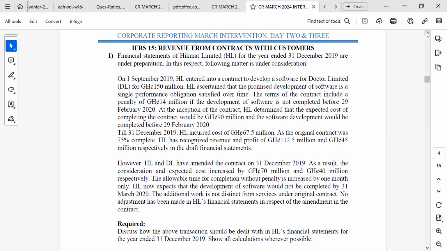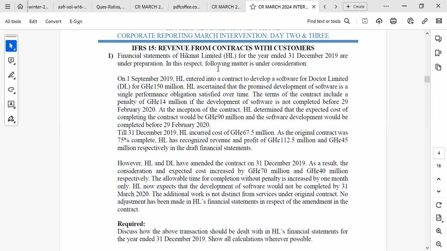They are going to be developing the software, so the software will be in processes. As soon as they are done with a particular process, they can recognize revenue to the completion. So this is going to be revenue recognized over time. Let's now look at what they are saying, and take the things one by one.